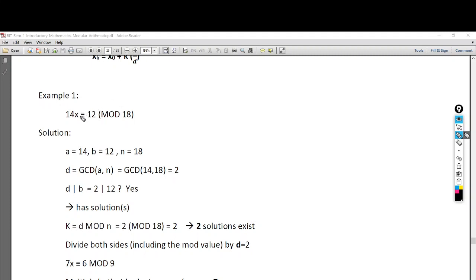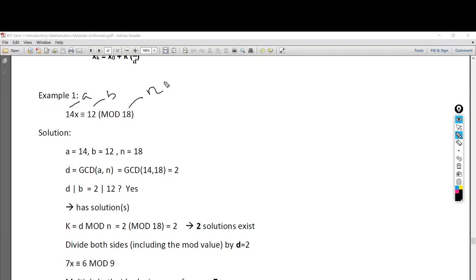Of course, if you keep guessing, ultimately you can find it, but it's not a very straightforward thing. So now let's take it into our format. Our A is 14, our B is 12, and our N is 18.